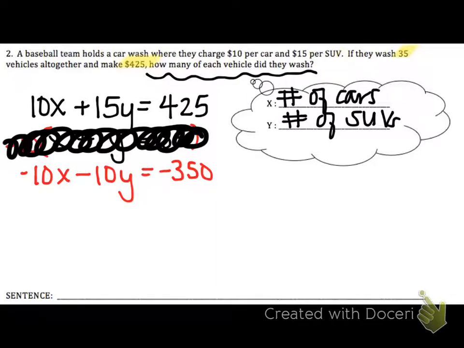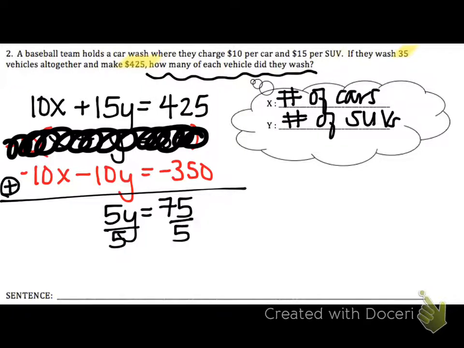I don't have to use it, I can always use a different one. Now let's go ahead and add them up. My x's cancel, my y's I have 5y, and for my right side I have 425 minus 350, 75.